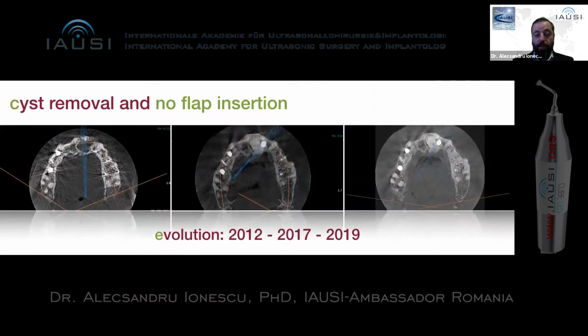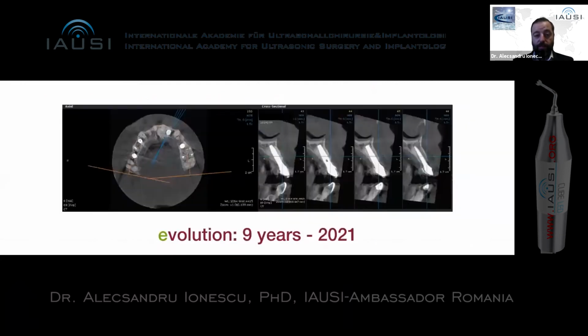Remember that we did everything in only one session and we did not raise any flap. It was the atraumatic extraction and the cleaning of the sides that was developed at that time. And again, after 9 years, you can see that everything is very stable.